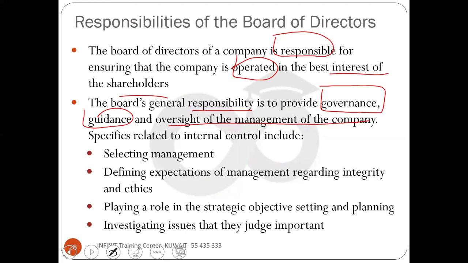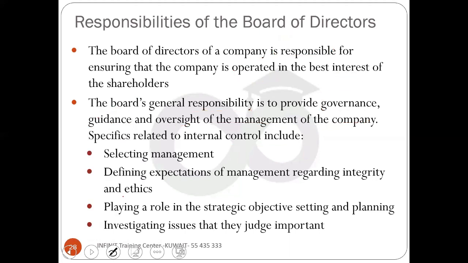And responsibilities specifically related to internal control include selecting the management, including the CEO. Directors are going to select the management and define expectations of management regarding integrity and ethics. So a definition of what is expected from this management.